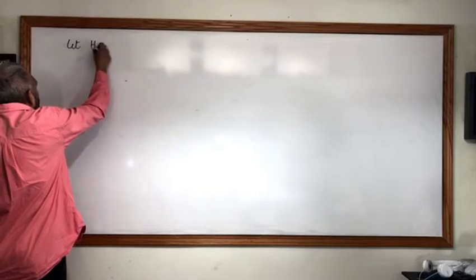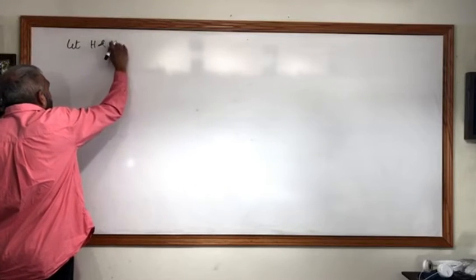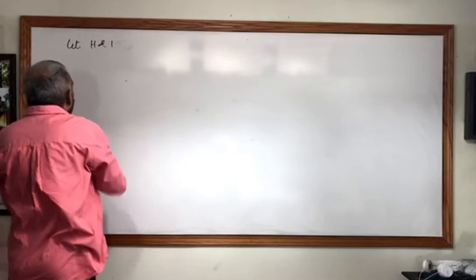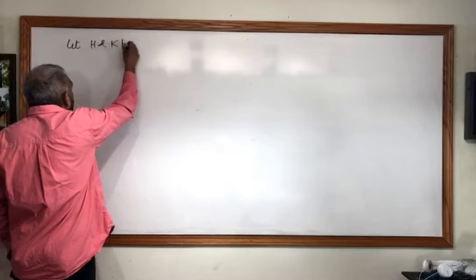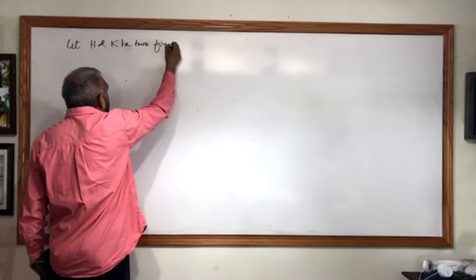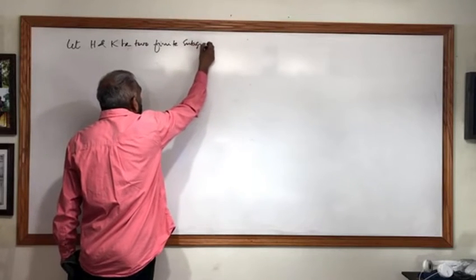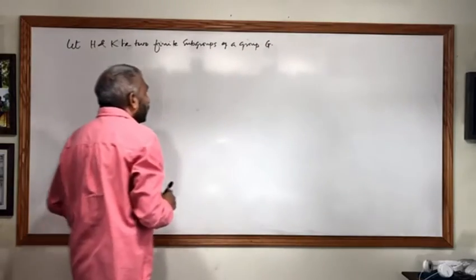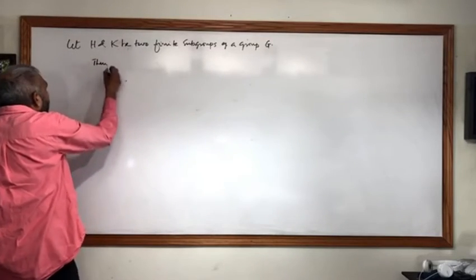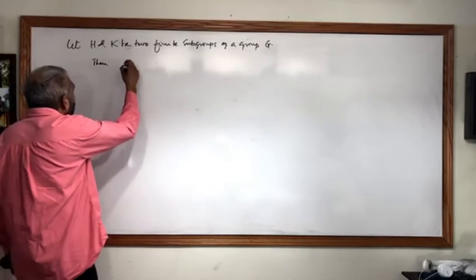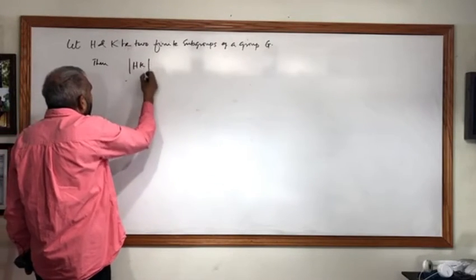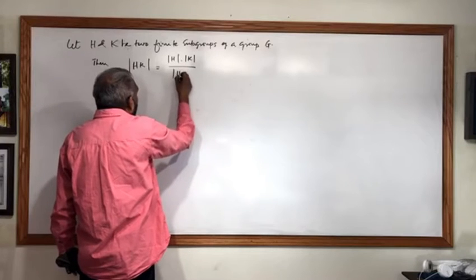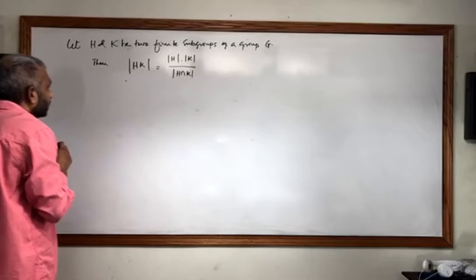Let H and K be two finite subgroups of a group G. Then the order of HK is equal to order of H times order of K divided by order of H intersection K. This is a very simple result.